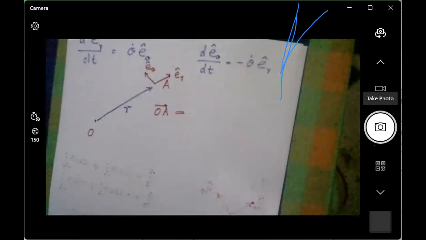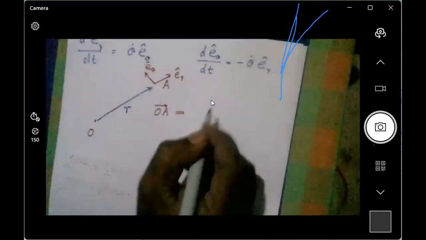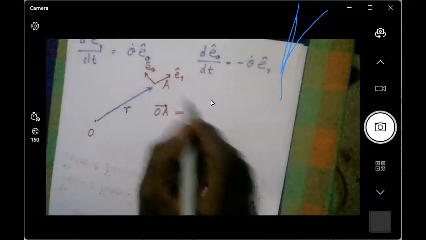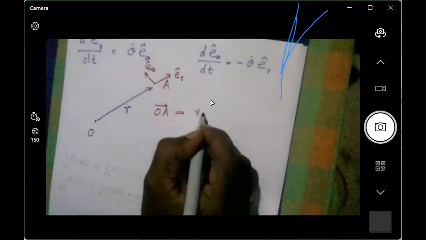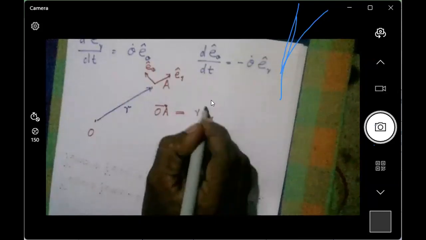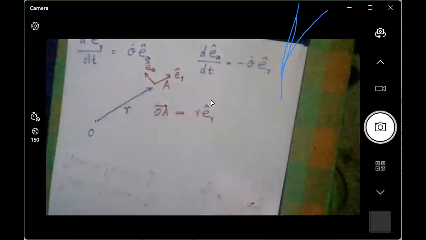And this is the advantage of using polar or curvilinear coordinates, right? The position vector of A is only r e r hat. The magnitude is r, direction is e r.